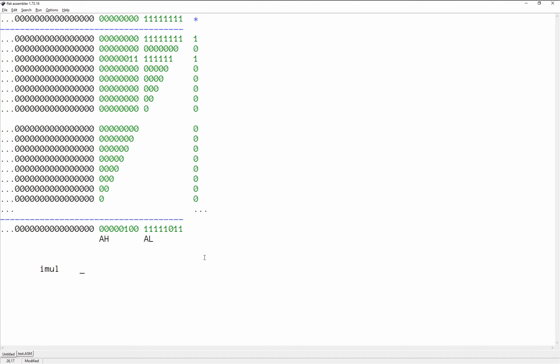Therefore, if we have an instruction like this one or this one on x86, this is an instruction that only keeps the lower half of the product and stores it into the destination register.